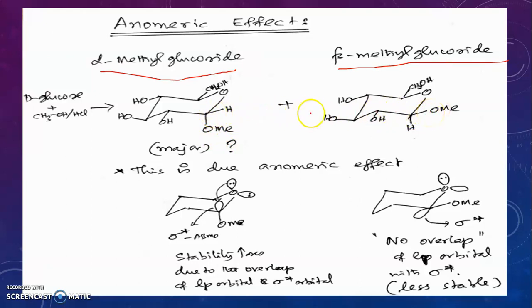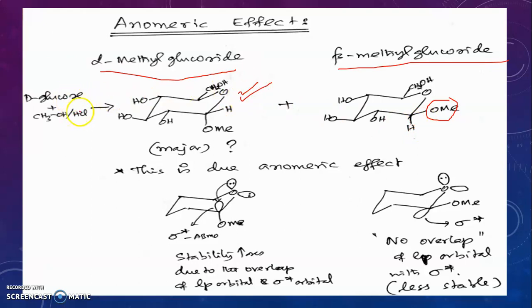Now among the two, which is more stable? From our basic knowledge, we say equatorial, right? Since the methoxy group here is in equatorial position, that should be more stable. This is the expected answer, but the actual answer is that the other compound is more stable and present in major amount.